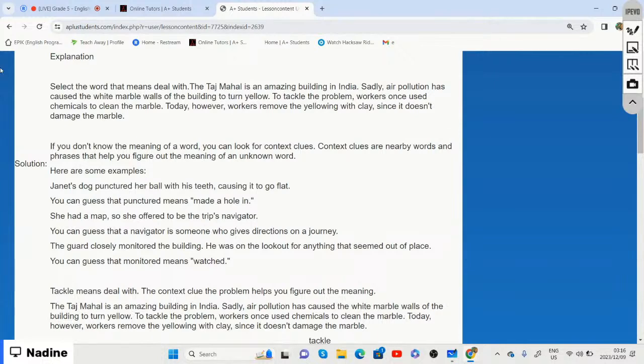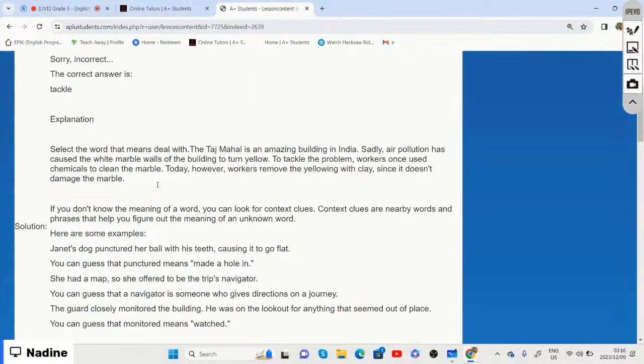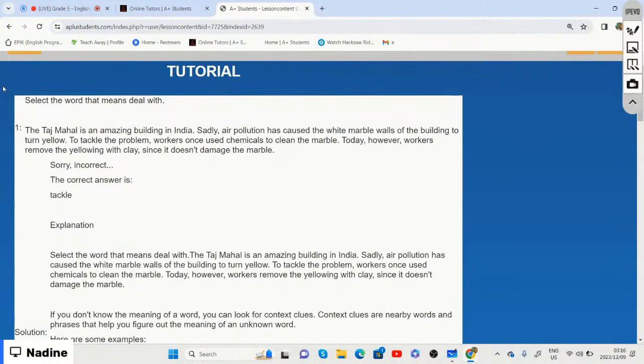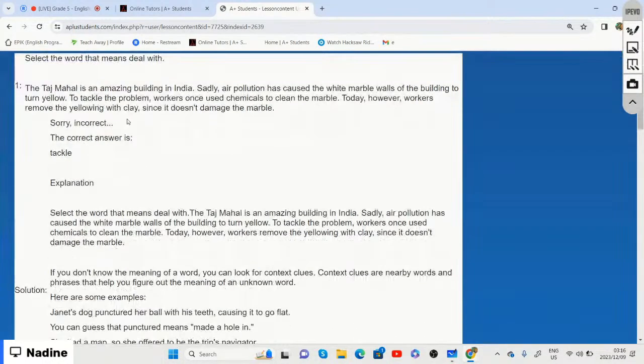So now, if we look at our first sentence, it says select the word that means deal with. The Taj Mahal is an amazing building in India.